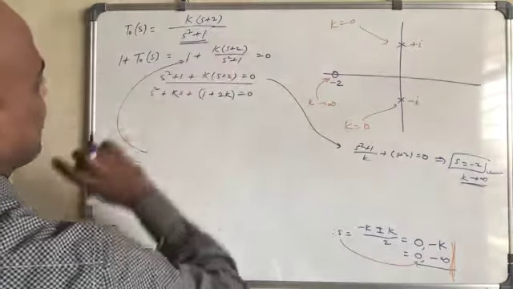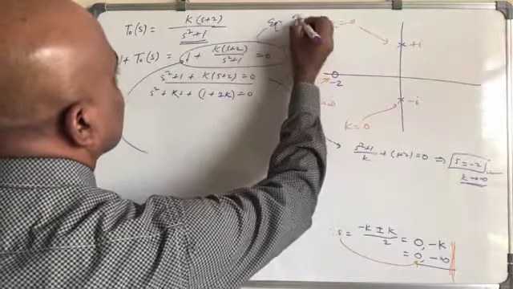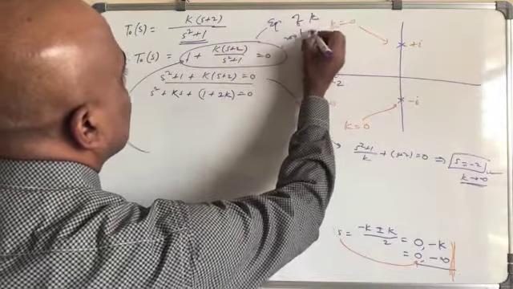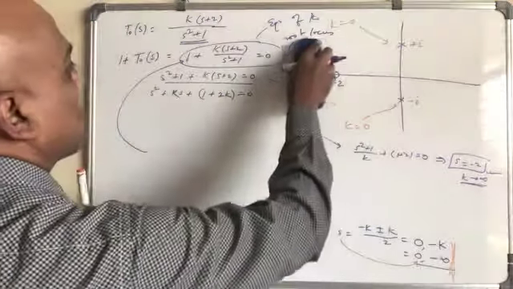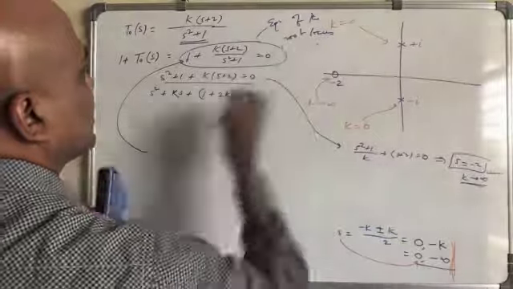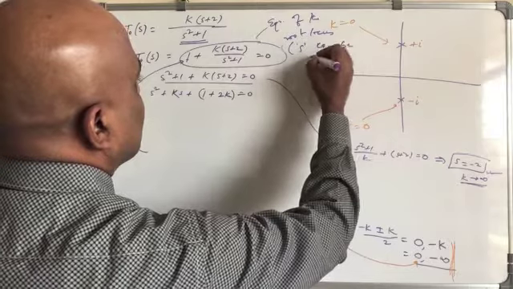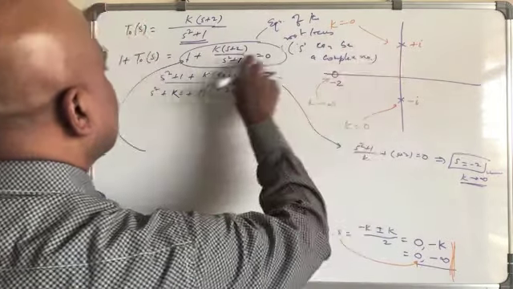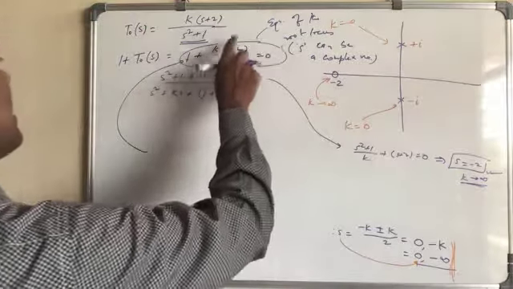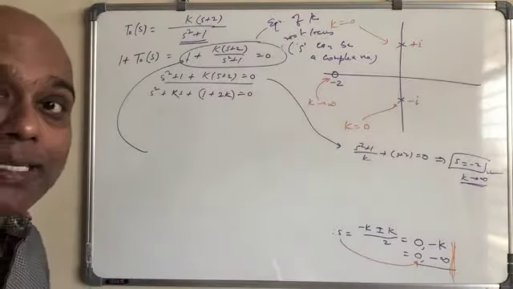This is simply the equation of the root locus, where s can be a complex number. Okay, so 1 plus k times s plus 2 divided by s square plus 1 equal to 0 is the equation of the root locus.